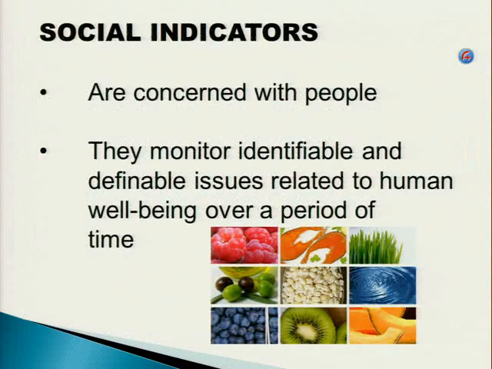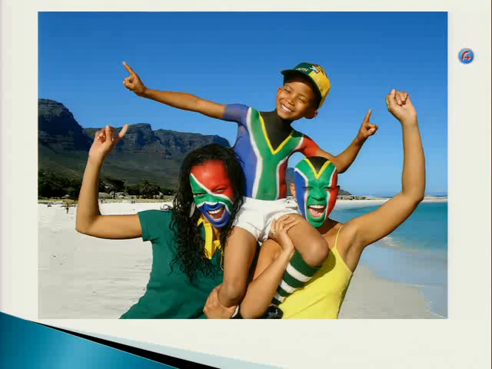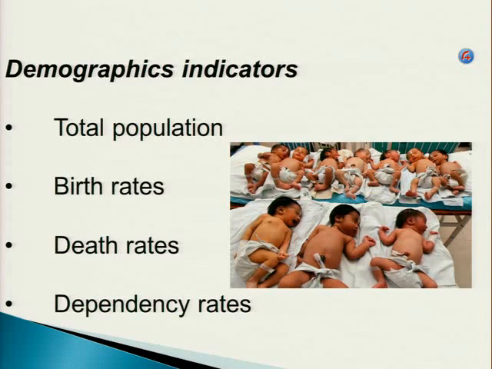Right. Now the one that we all must know very well. You know it every day. You have to do with this every day. The social indicators, which has to do with people and the well-being of our country. The first one is demographic indicators. We look at the population growth rate of a country. We look at the birth rate. We look at the death rate.